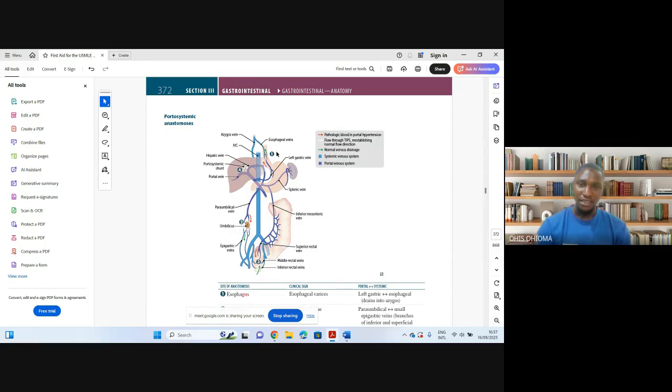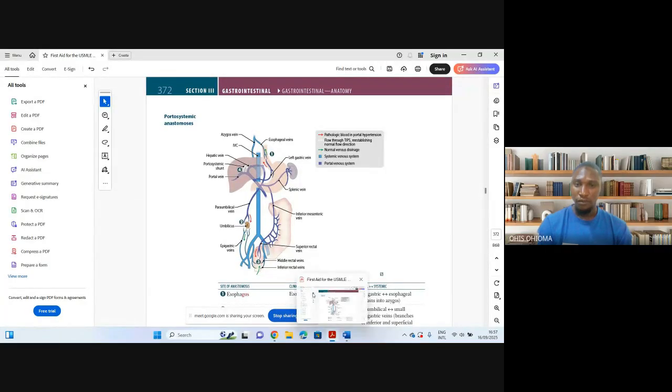But the systemic veins do not take so much blood to the IVC. So what does that mean? If the liver is cirrhotic, that high pressure will force blood to go in a retrograde manner across the anastomosis and get to the esophageal vein.